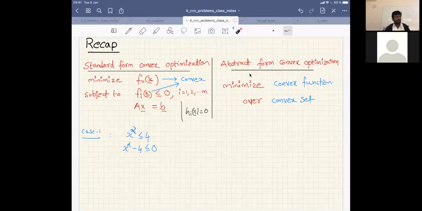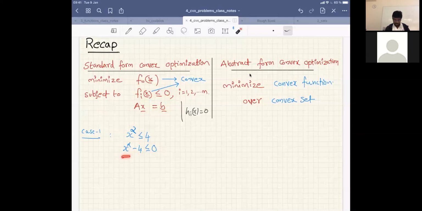One thing is you can think about the set, but this is a simple case. That's why you are able to think that way. Otherwise, you have to examine the convexity of this. In this case, this is a twice differentiable function, so what you have to do is differentiate twice and see whether that is greater than or equal to 0. Or if this is a vector, we have to check whether the Hessian associated with that vector is positive semi-definite or not.